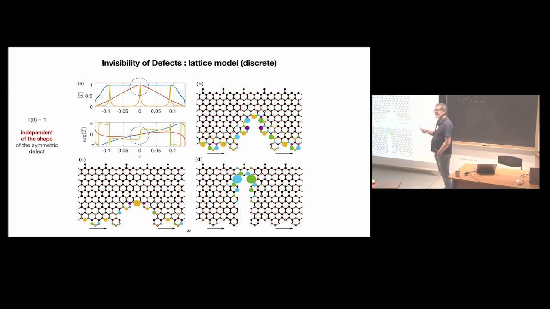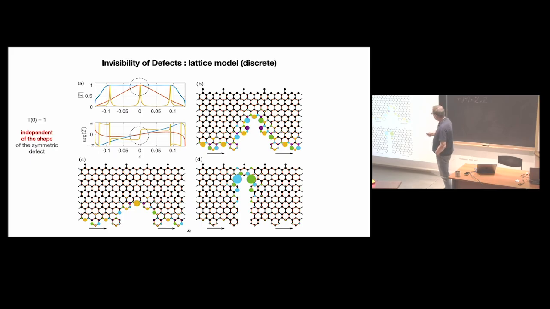The point is that the broadbandness of the phenomenon depends very much on the defect. For the yellow curve, you see that it really comes from some kind of resonance, with a very sharp phase transition.